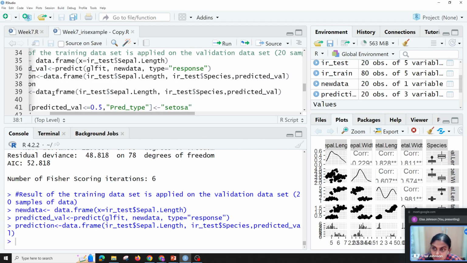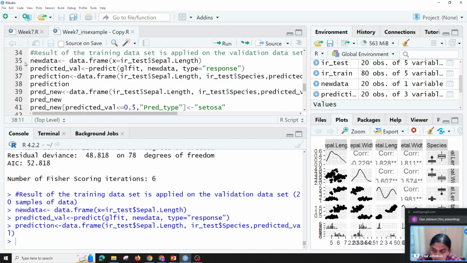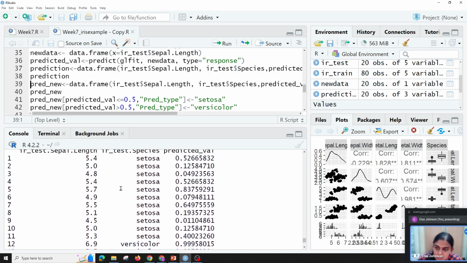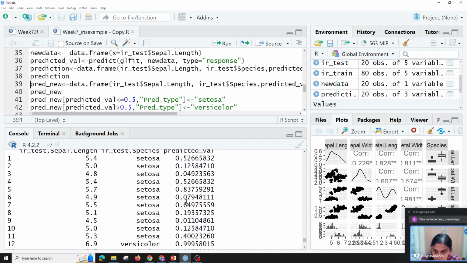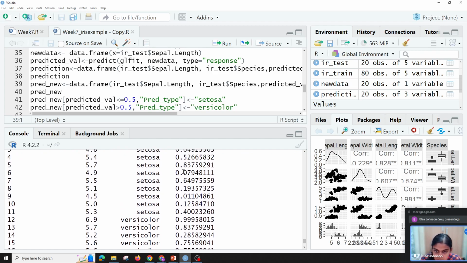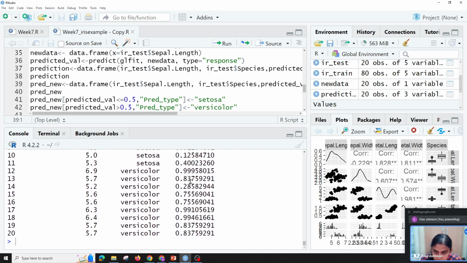If I just print that, you can see here sepal length, which we have taken as the x variable, then IR underscore test species, and the predicted value from that. You can see 0.5212, 0.83, 0.99. So higher probabilities are also present, lower probabilities are also present.